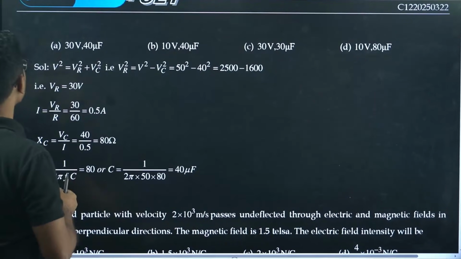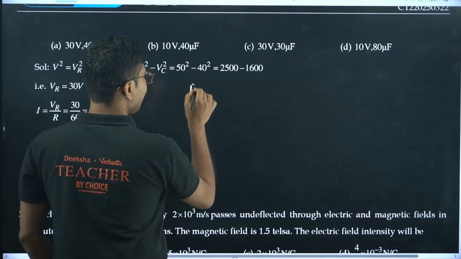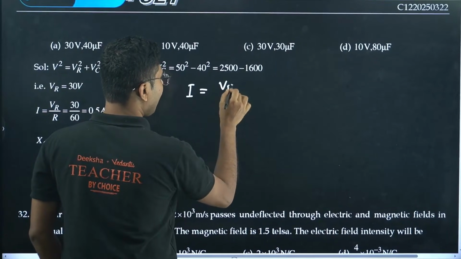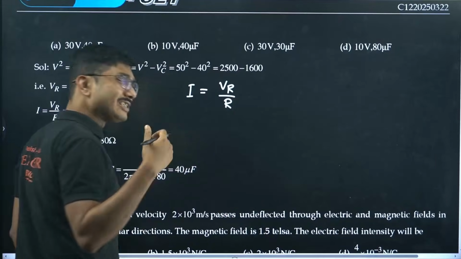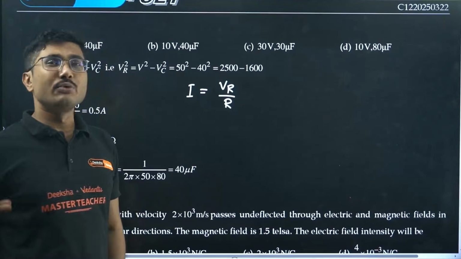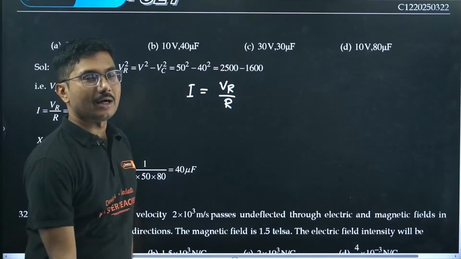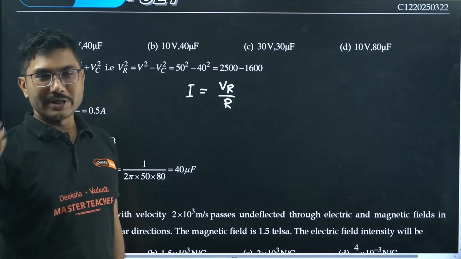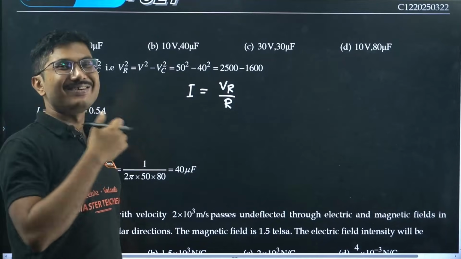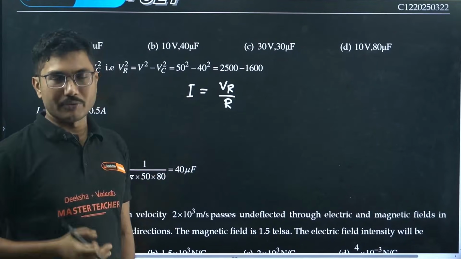Remember, because all the components are connected in series, if you calculate the current by VR by R, it is not always V by Z. This is also correct if you know the voltage across the resistor. Most of you made a mistake during your final board exam paper where V was given, Z was given, and you calculated current using V by R, which is wrong.